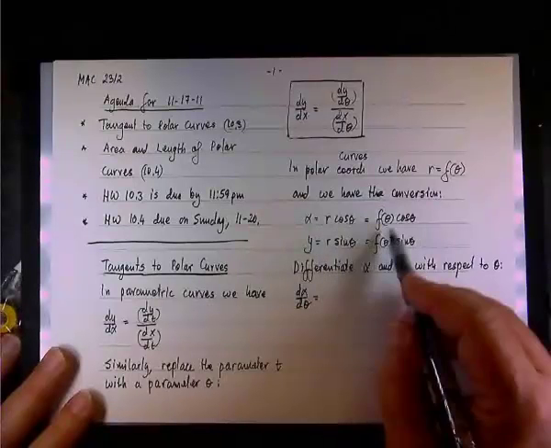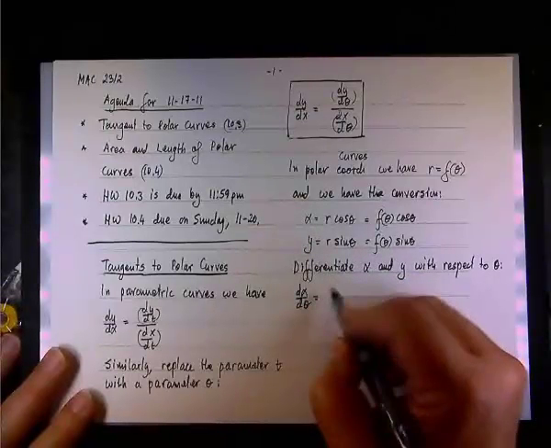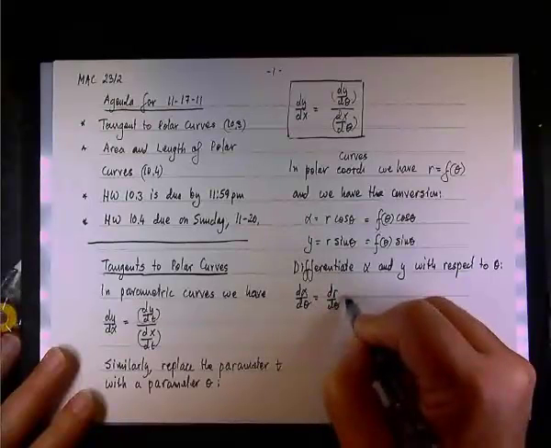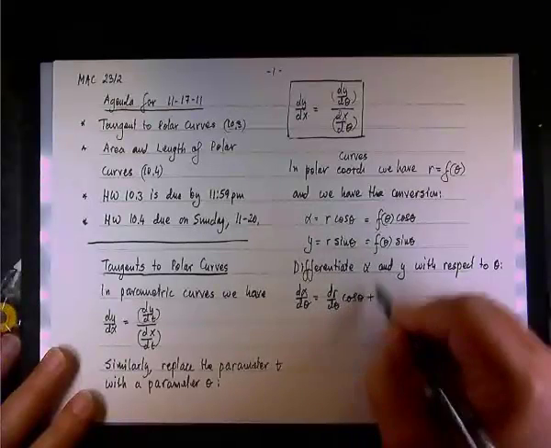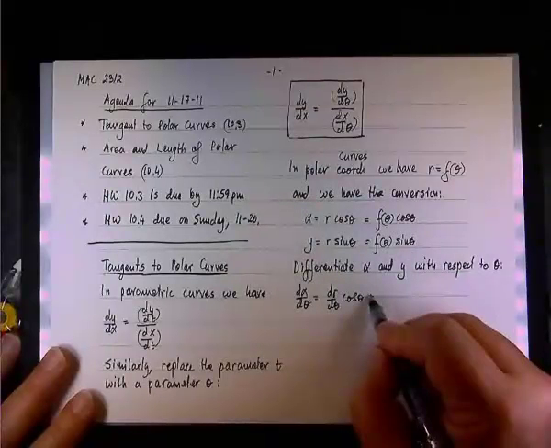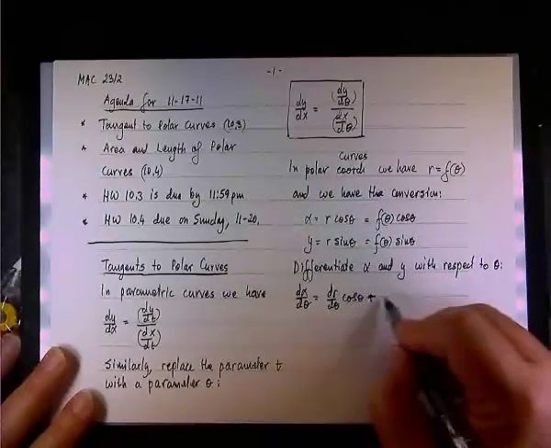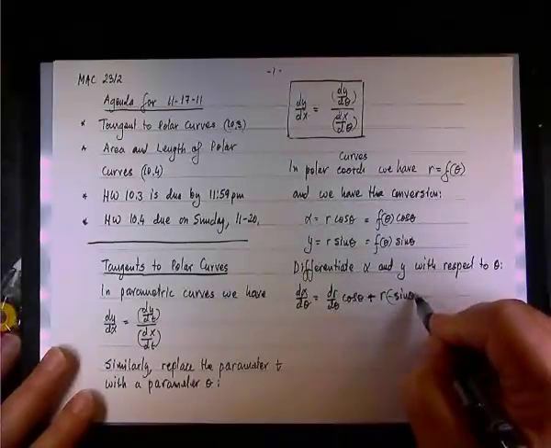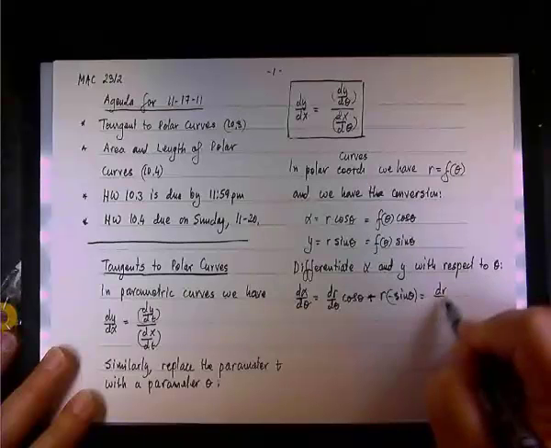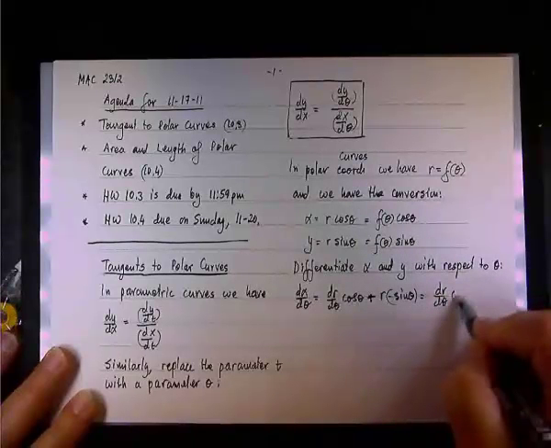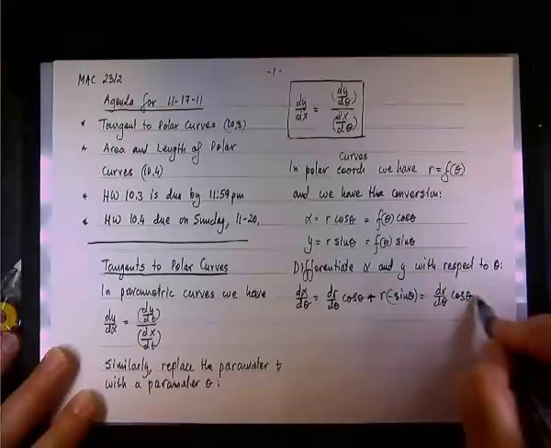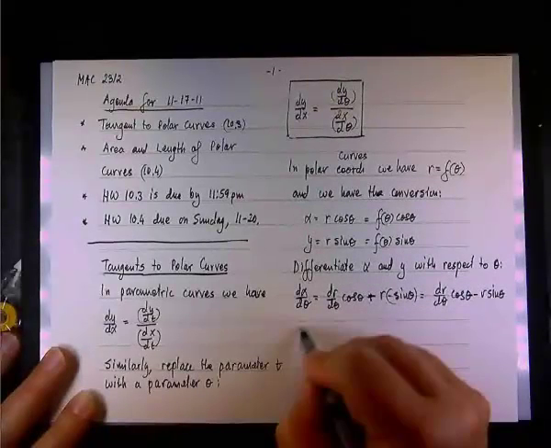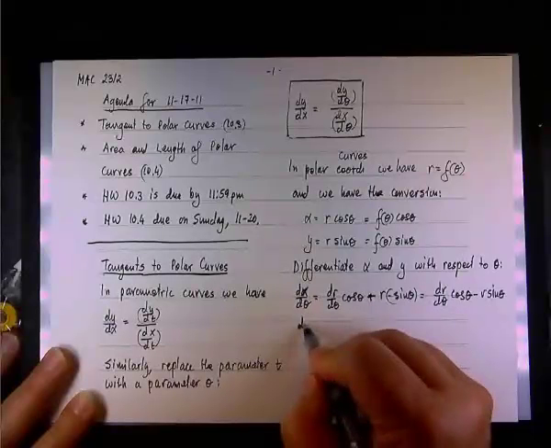Well, dx/d theta, by the product rule, will be dr/d theta times cosine theta, plus, actually it will be minus, because we have r times negative sine theta. So we end up having dr/d theta cosine theta minus r sine theta.